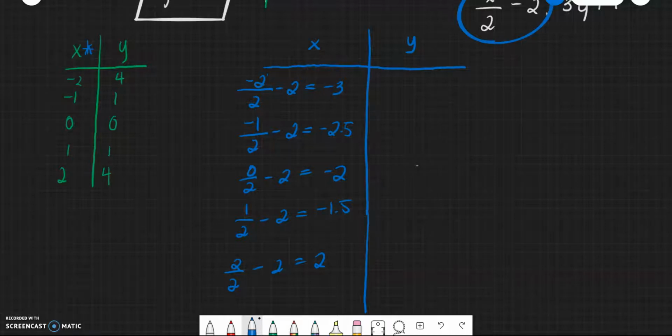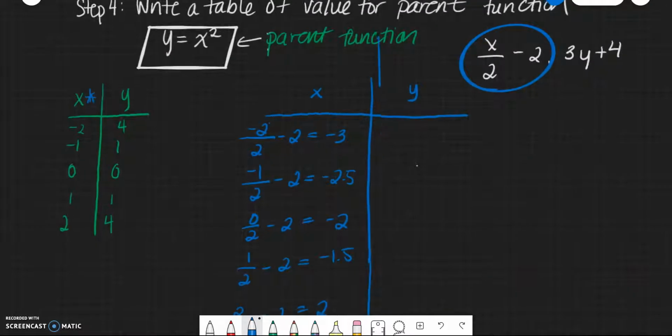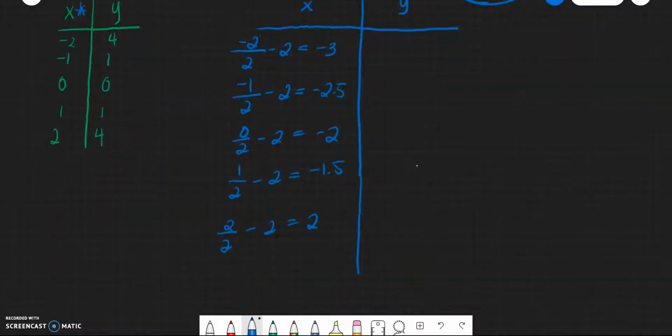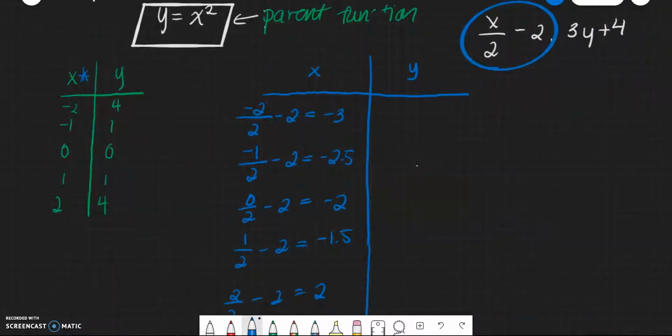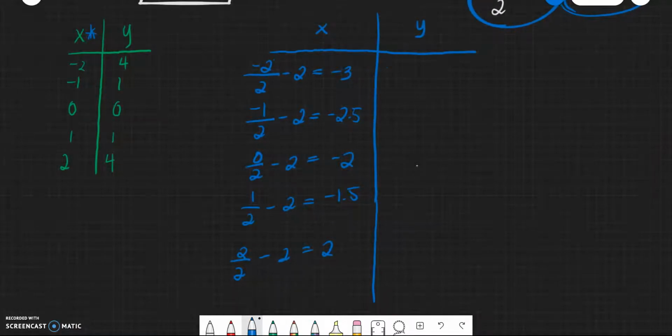All right, and then I'm going to do the same thing with y. So I'm going to do negative 3y plus 4, which was from here, my second part of my mapping rule. Negative 3 times 4 plus 4 is equal to negative 8. Or sorry, it's negative 3y, just to be clear.